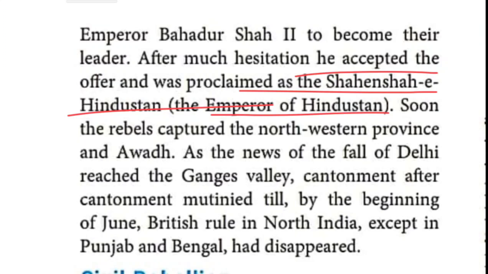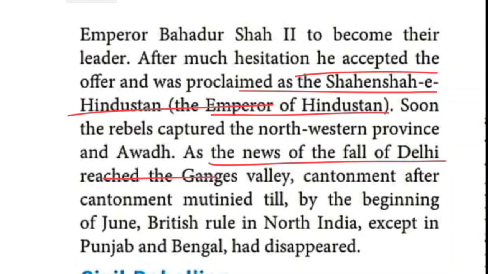At the same time, the northwestern provinces as well as Oudh were captured. Oudh is at present Ayodhya, as they say. So the northwestern provinces as well as Oudh were captured by the rebels. As the news of the fall of Delhi reached the Ganges Valley, cantonment after cantonment, the military quarters I mentioned, rose up.